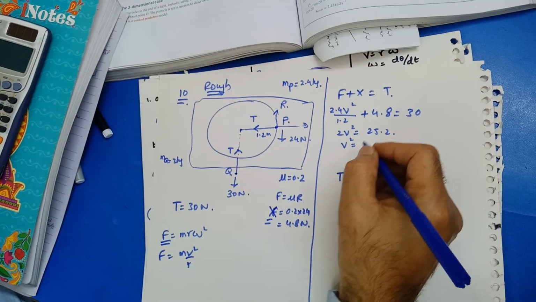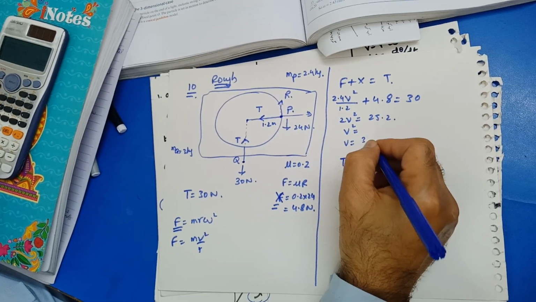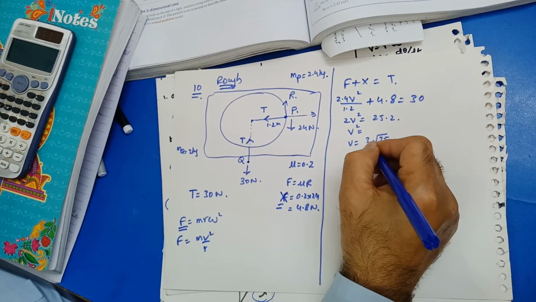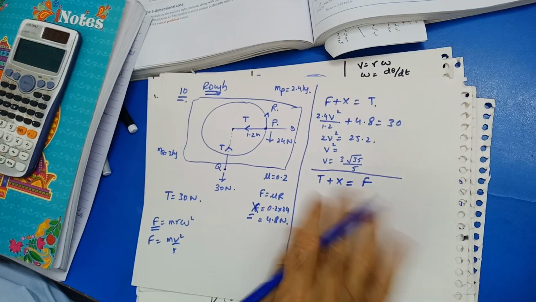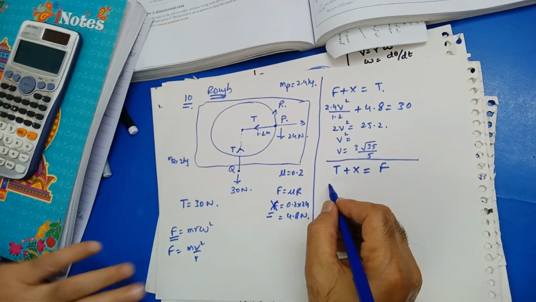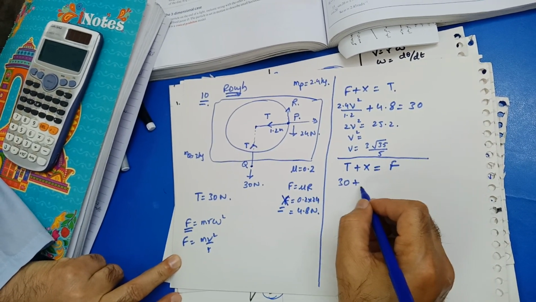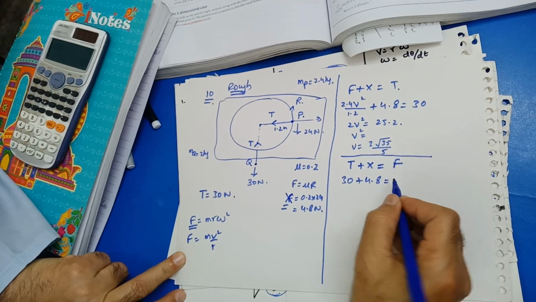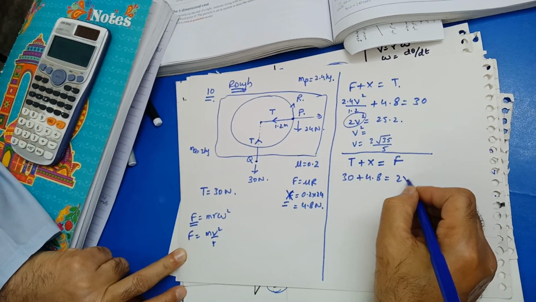So V is going to be 3 root 35 over 5. Now for this case, T is 30, X is 4.8, and F is 2V square.